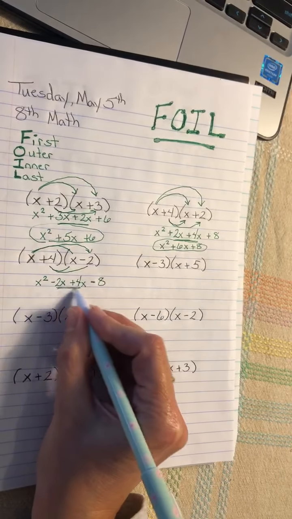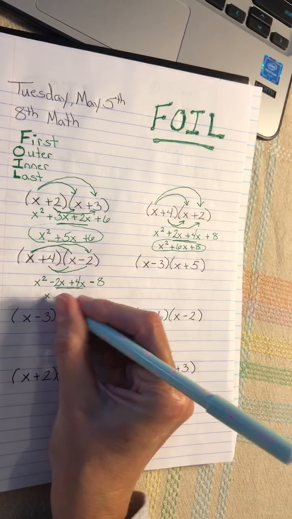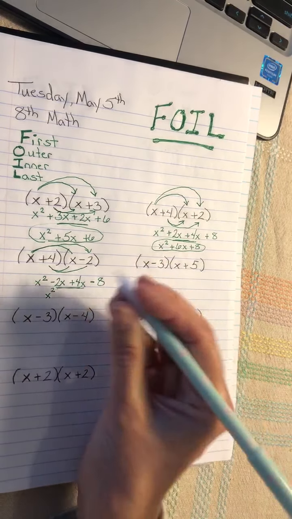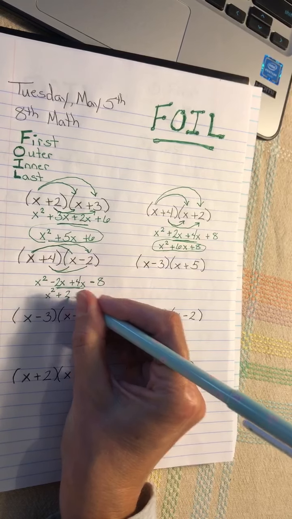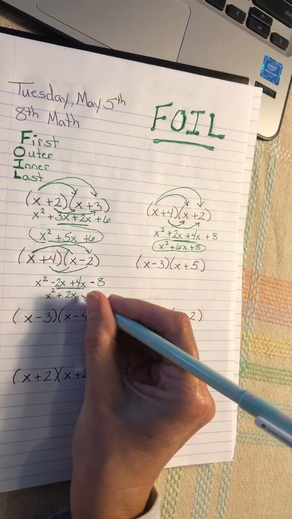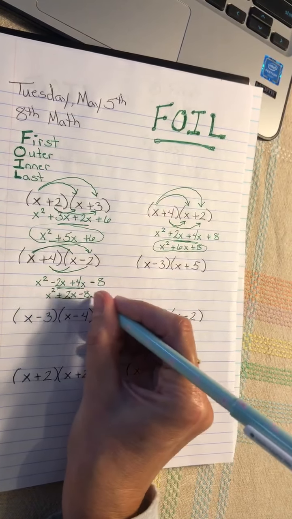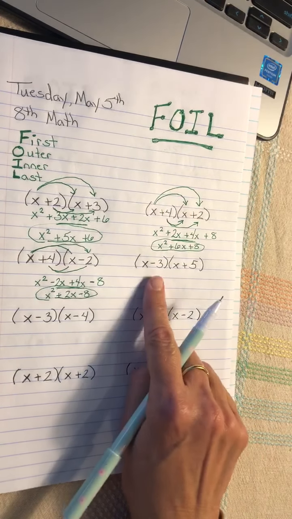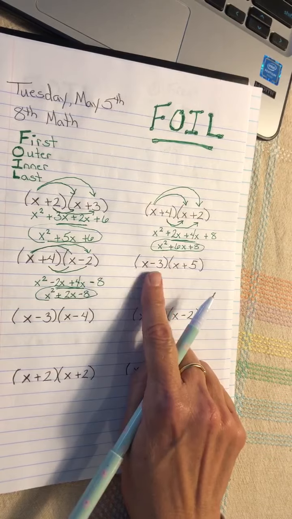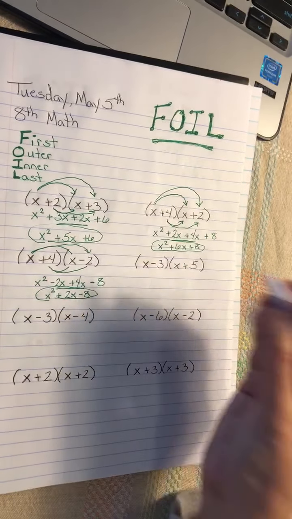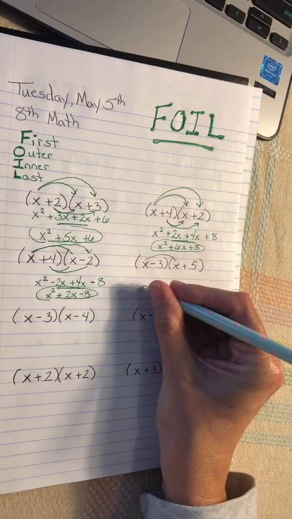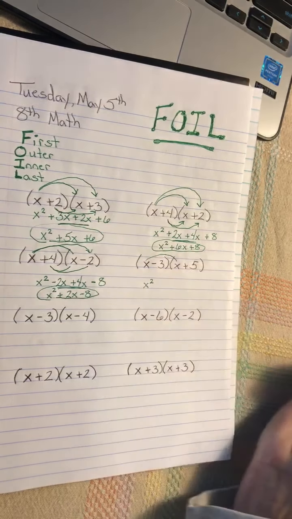I want to combine my like terms. I would get x squared. A negative 2 and a positive 4 would leave me with a positive 2x, and bring down my constant of a negative 8. Here's another one with a negative, but the negative's in the first binomial. So first, x times x, x squared.